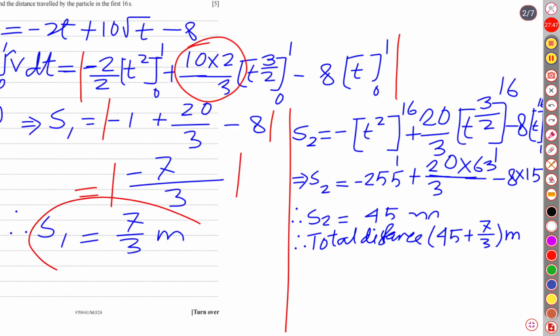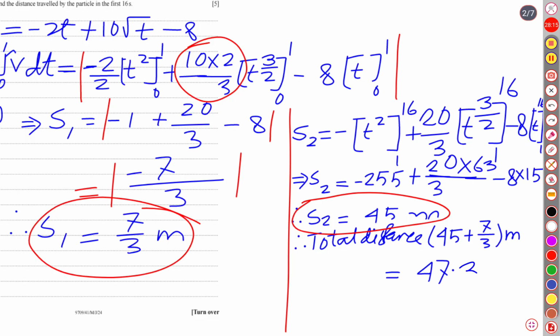This is the first phase, the distance traveled in the first 1 second, and this is the distance traveled in the next 15 seconds, that means from 1 second to 16 seconds. So the total distance, if we divide 7 by 3, it is going to be 2.3. 2.3 plus 45 is 47.3 meters. So this is the total distance we can show.